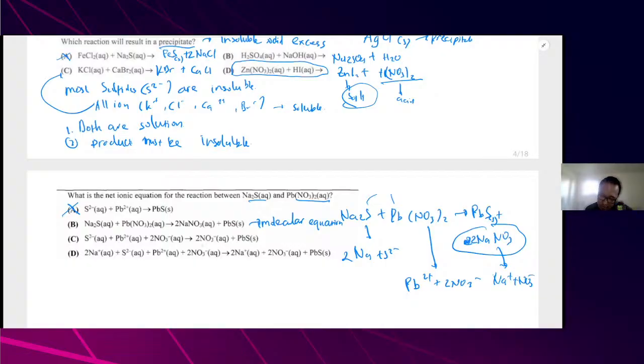The nitrate is still over there, so we need to cancel out all ions that appear the same in both reactant and product.